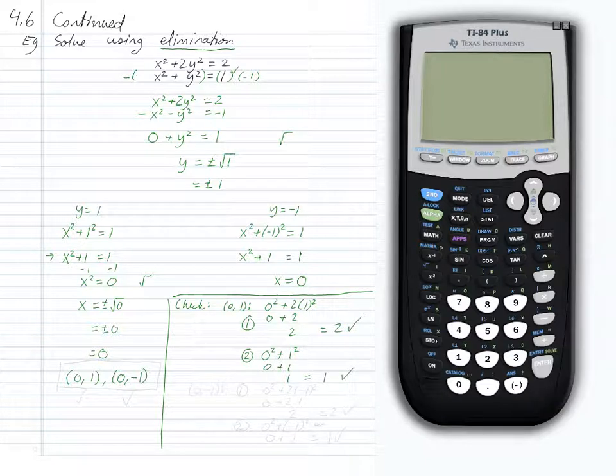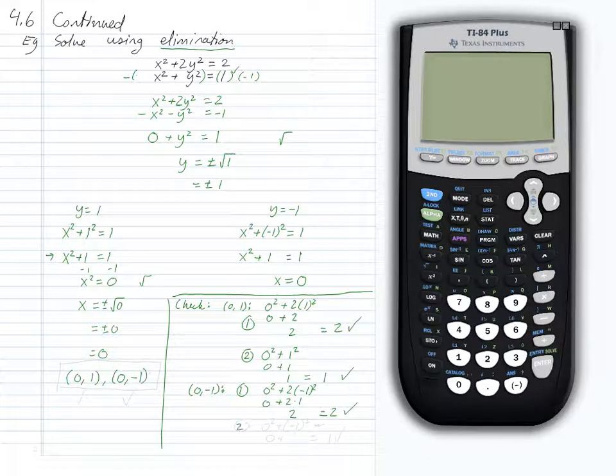Now we'll check the other point, (0, -1), in the first equation. If we plug in 0 for x, we get 0 squared plus 2 times (-1) squared. That's 0 plus 2 times 1, which is equal to 2.